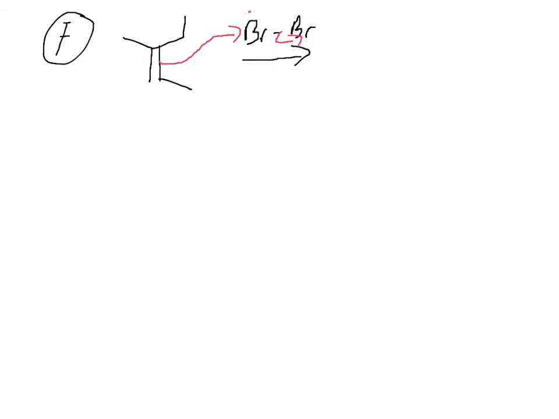And then a lone pair on the bromine comes back and attacks the pi bond. So we number our carbons 1 and 2. And I like to draw them like this. I put the Br there. Put a plus charge. Put a Br minus here.